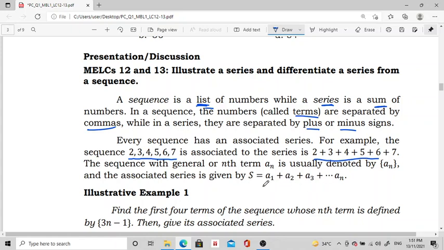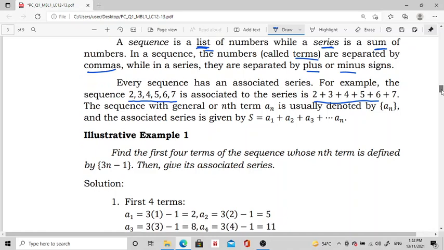Now, balikan natin. Ano nga ba ulit itong general or nth term? Yung general or nth term, it is a mathematical expression which we evaluate para ma-generate natin yung terms ng isang sequence or nung kanyang associated series.